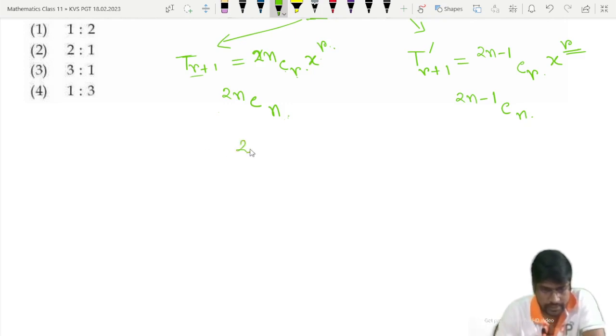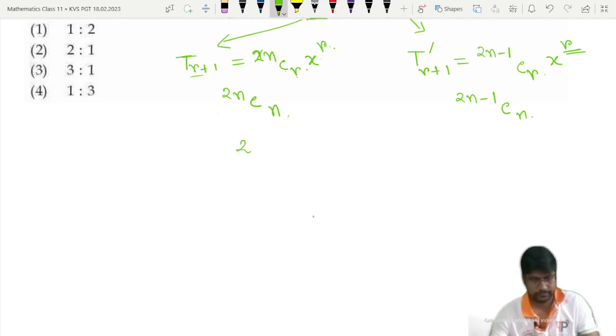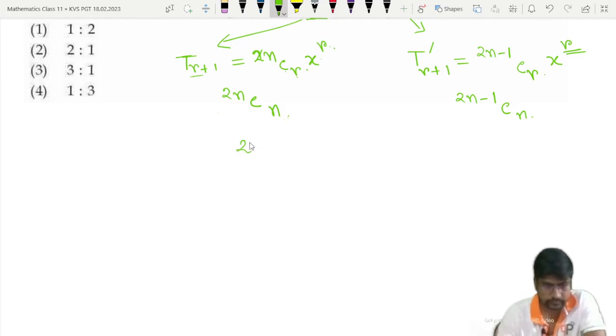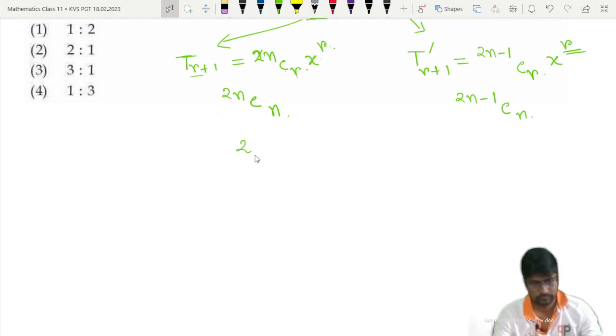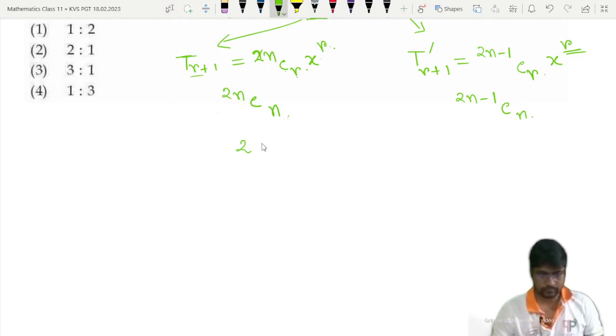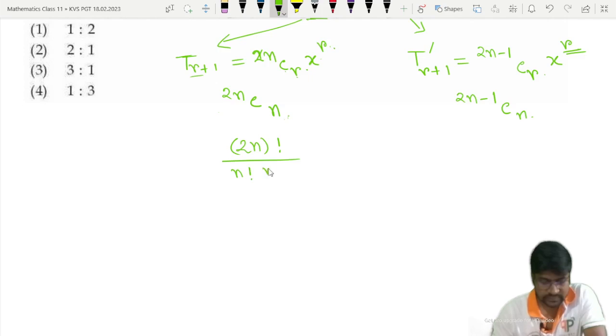We can write 2n factorial divided by n factorial into n factorial.